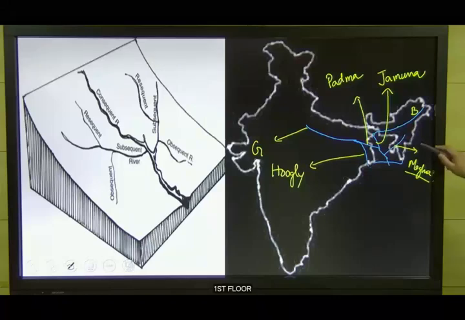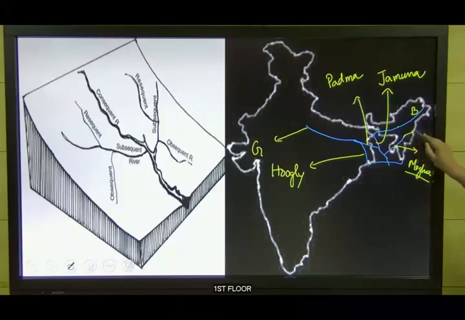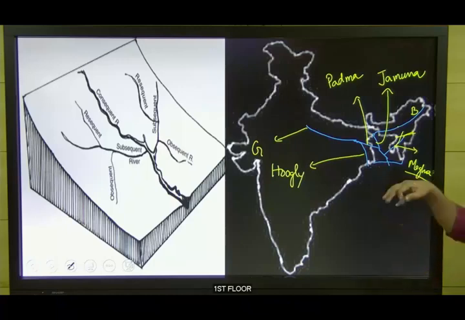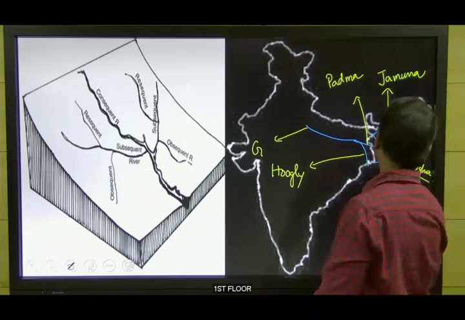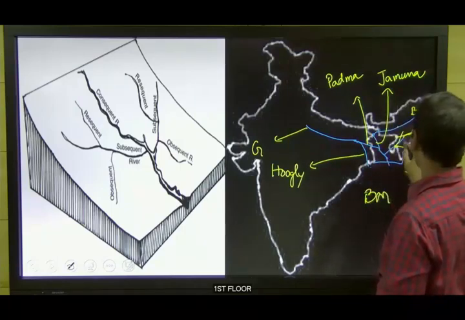Barak river is a branch of this Meghna. Barak river, which is in the northeast, is a branch of Meghna. Sorry, I should not say branch, it is a tributary of Meghna. It is not a direct tributary again. It falls into Surma. Barak is an important river in this Tripura Mizoram belt.